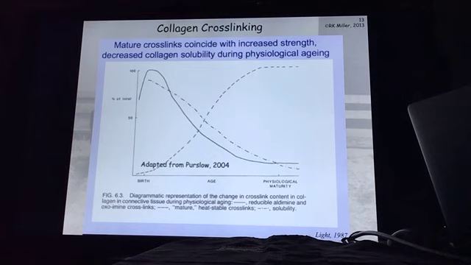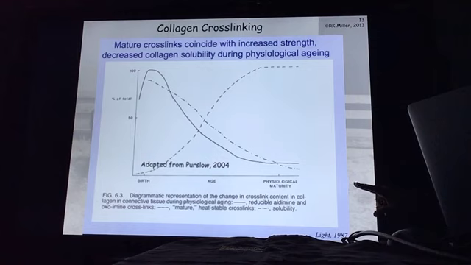So the mature cross-links in this case, and this is also from the Personal article that I gave you, and notice on the horizontal axis is time, so birth and increased age to physiological maturity. And physiological maturity isn't necessarily old, but just when they reach mature size.